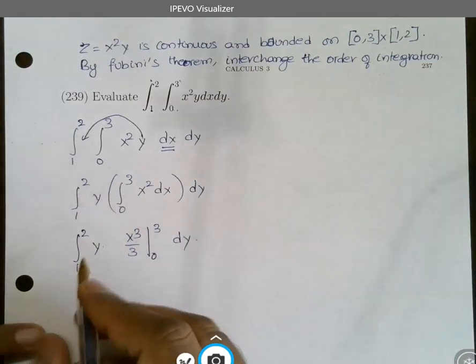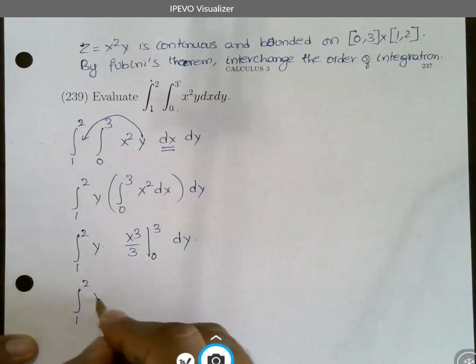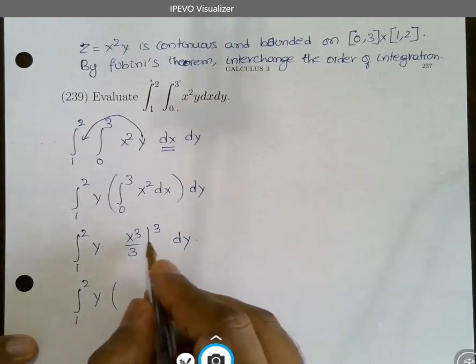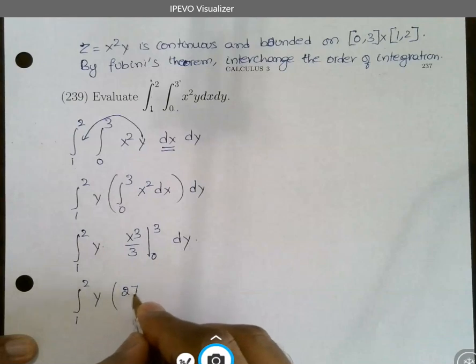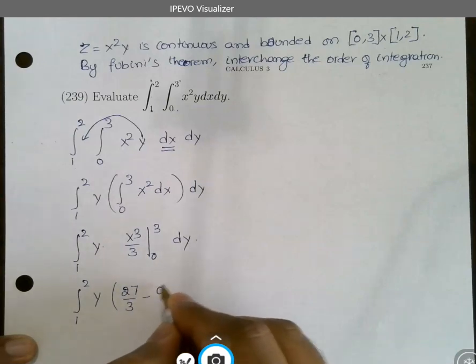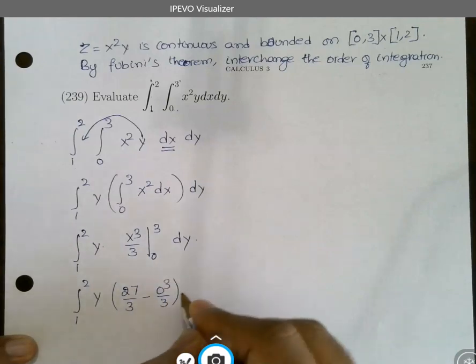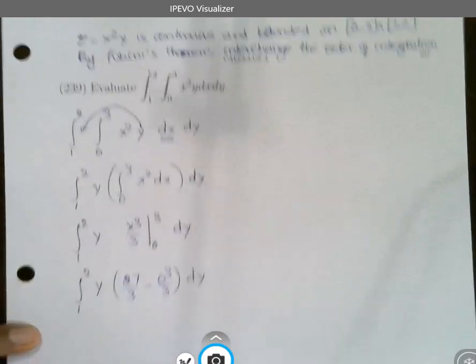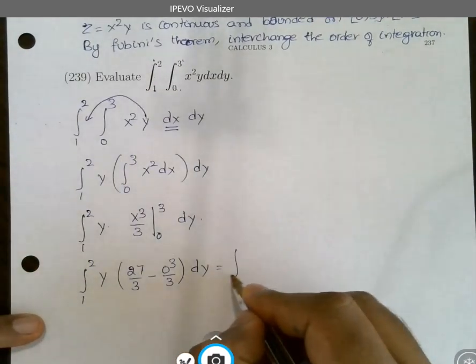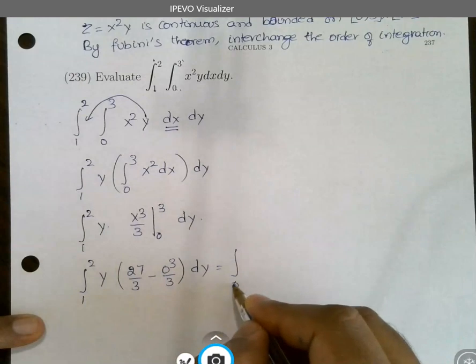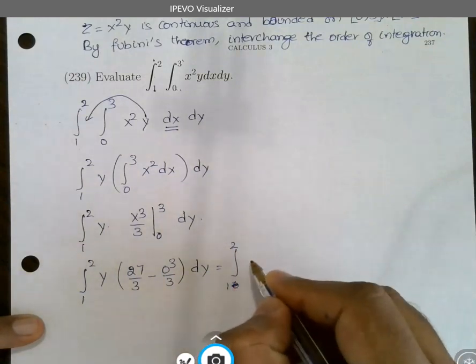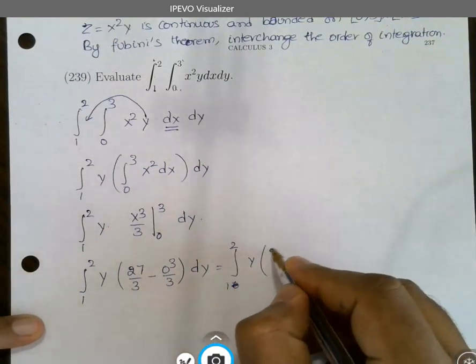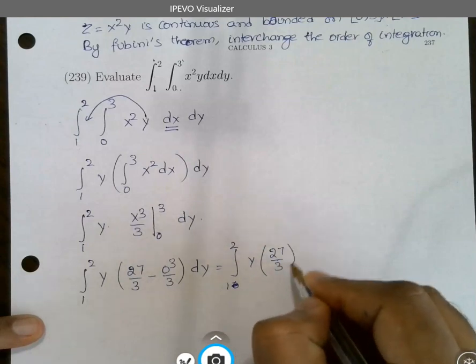Now substituting the limits of integration, you get the integral from 1 to 2 of y times 3 cubed over 3, which is 27 over 3, minus 0 cubed over 3, with the integral with respect to y. Upon simplification, you get the integral from 1 to 2 of y times 27 over 3 dy.